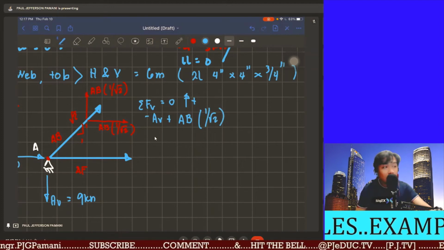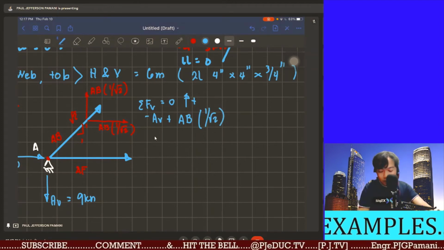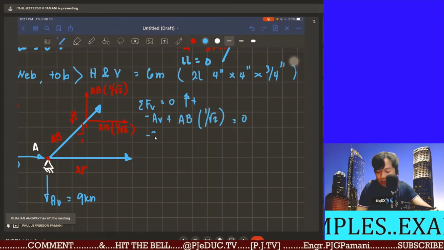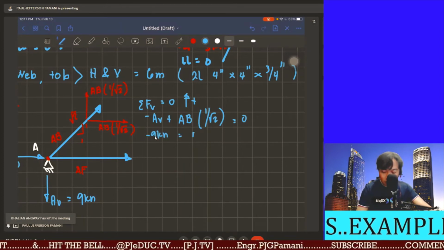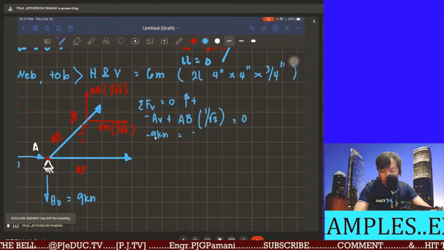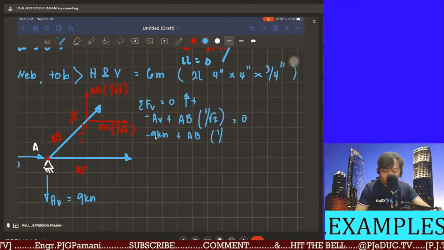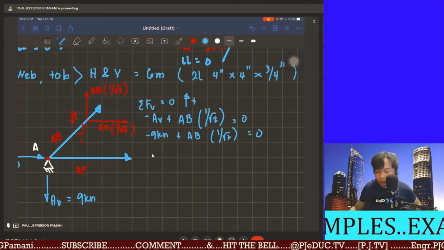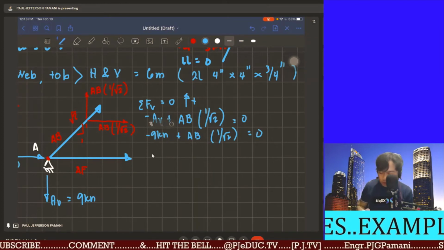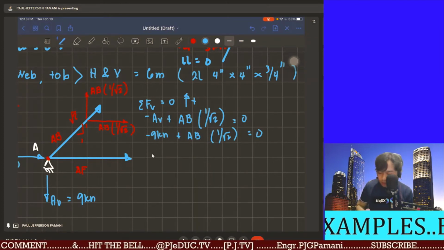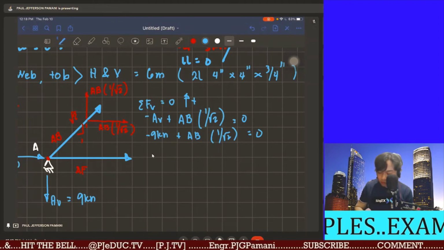Are there any other vertical forces? Of course, none. AV is 9 kilonewton, equal to plus AB of 1 over square root of 2, equal to 0. Simplify, transpose to the other side: 9 over 1 over square root of 2.